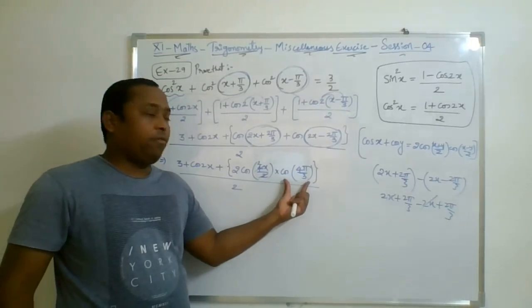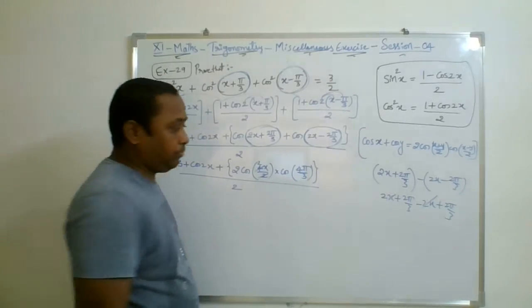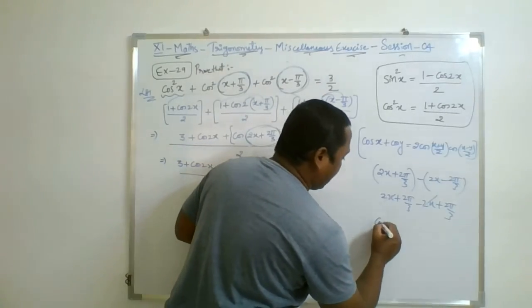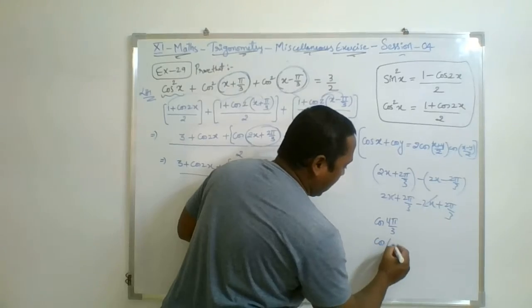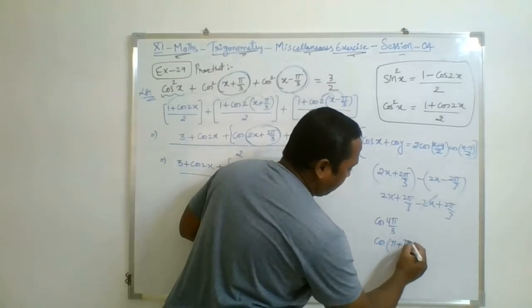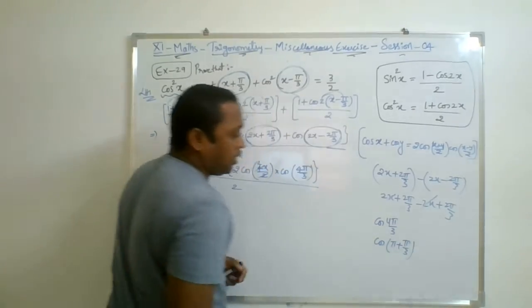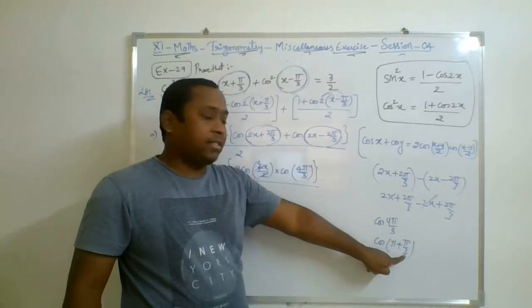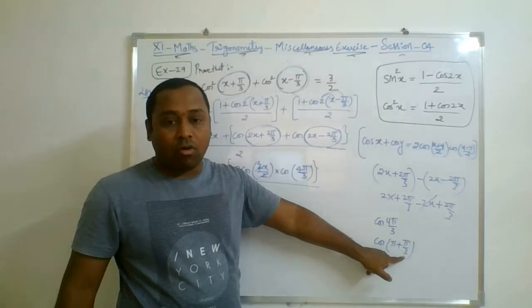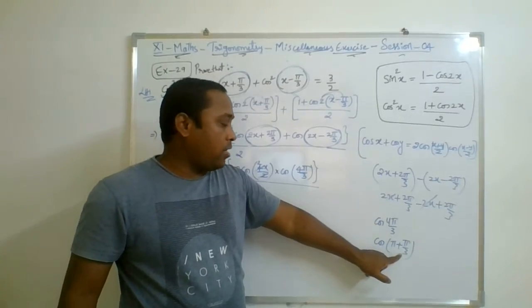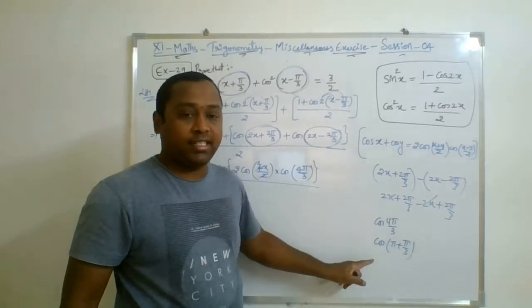And what is the value of cos 4 pi by 3? You can solve it over here. Cos 4 pi by 3 can be written as pi plus pi by 3. Cos of pi plus theta: pi plus theta means the angle lies in the third quadrant, and in the third quadrant cos is negative.